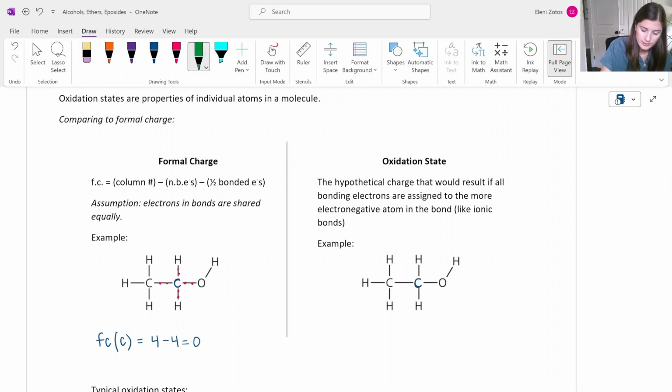So if we're looking at the oxidation state of that same carbon, let's use a different color here. So oxidation state of carbon, the one that's bonded to oxygen. Now let's remember we have 2 electrons per bond. So if we draw those out, we can see that the carbon, which is slightly more electronegative than hydrogen, would own, I'm going to draw a circle to show which electrons are owned by carbon.